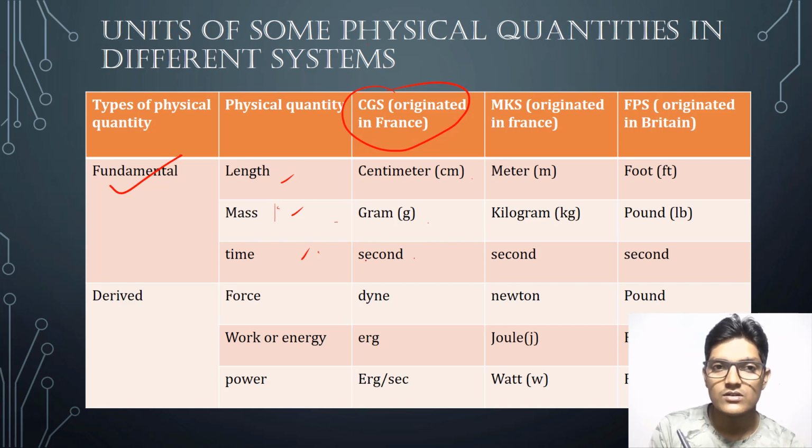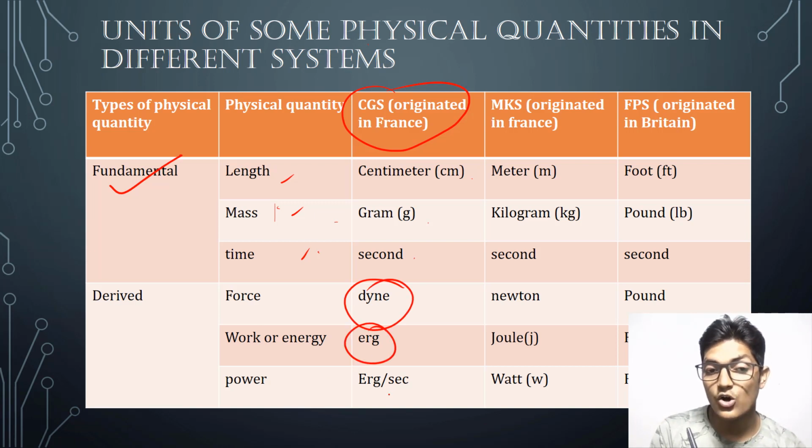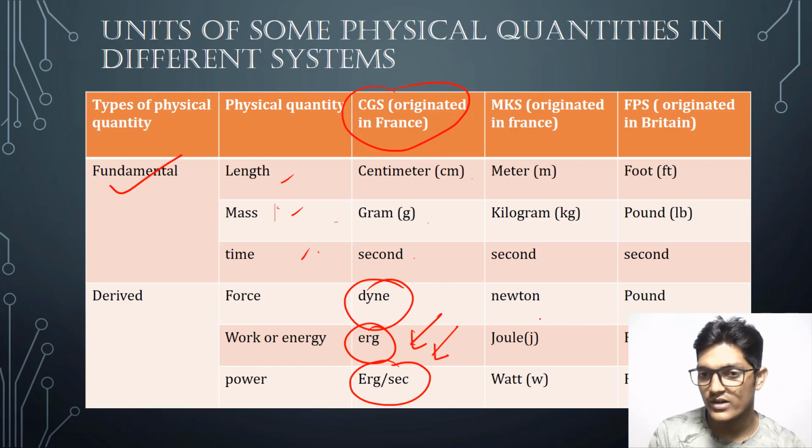Regarding the derived, we represent force in dyne, work or energy in erg, and power in erg per second. Okay, so these terms are also important, so please remember that. In MKS, we measure force in Newton, work in joule and power in watt. But in FPS, we represent force in pound, work in foot pound and power in foot pound per second.